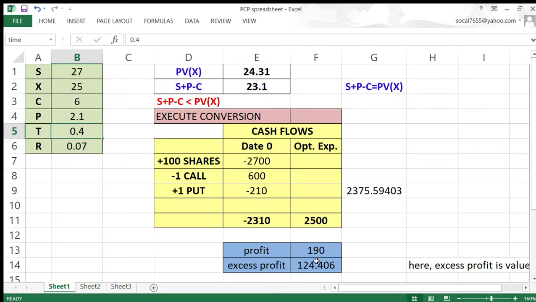We did a whole lot better than we would have if we had just invested $23.10 in a treasury security maturing 4/10 of a year later, earning this assumed risk-free rate of interest. Okay. So again, if we just invested $23.10, we'd have at the end of the period $23.75.